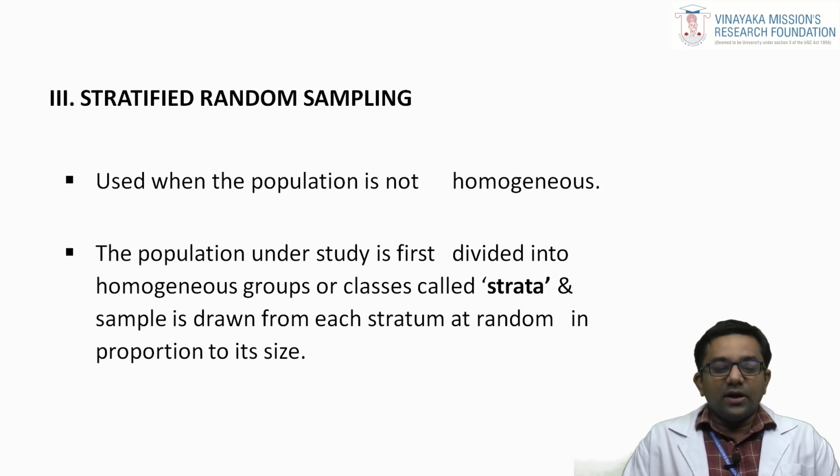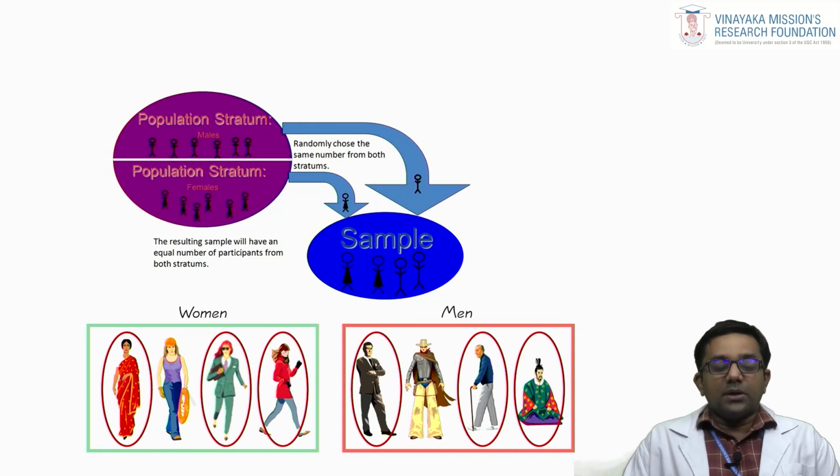It is mainly used for selection based on gender, whether you select males or only females. That is why it is known as stratified random sampling.